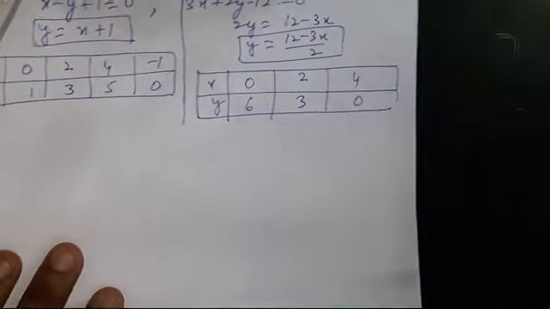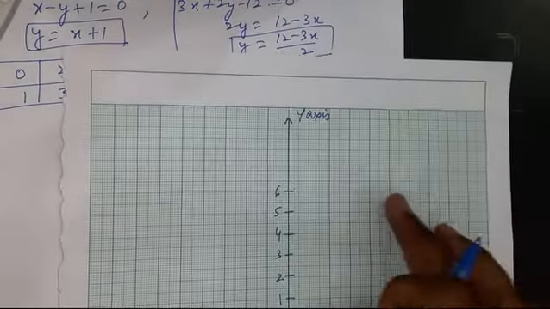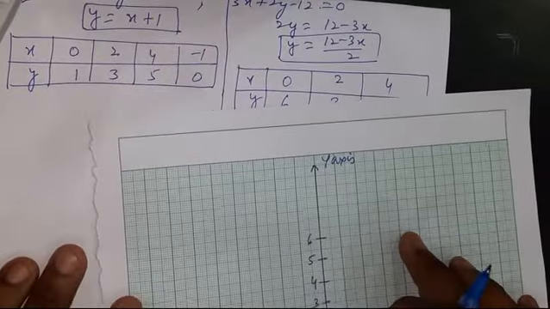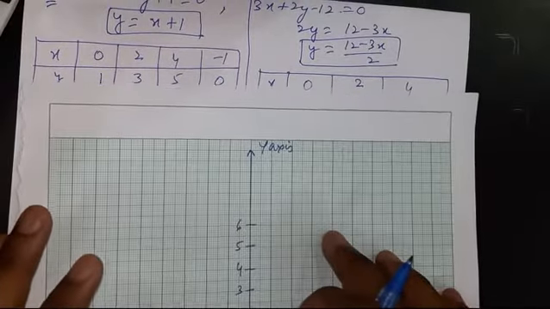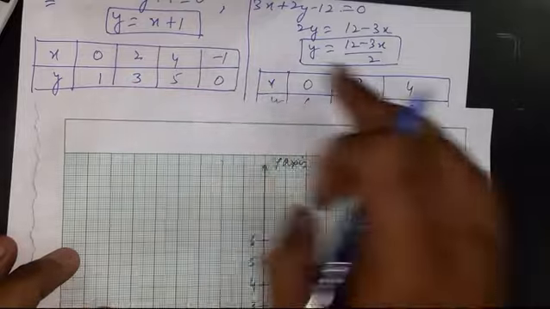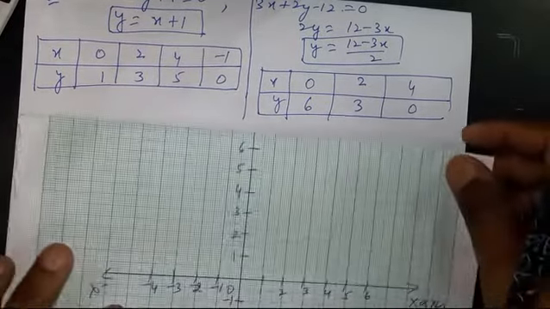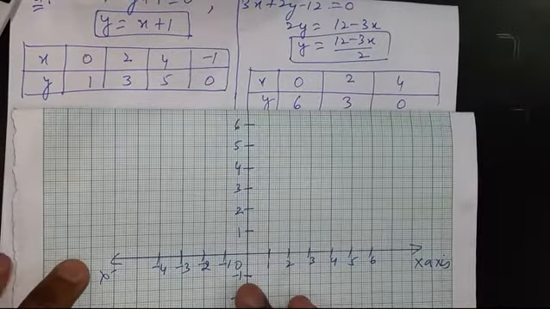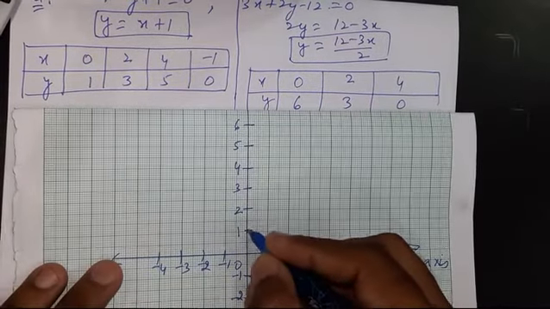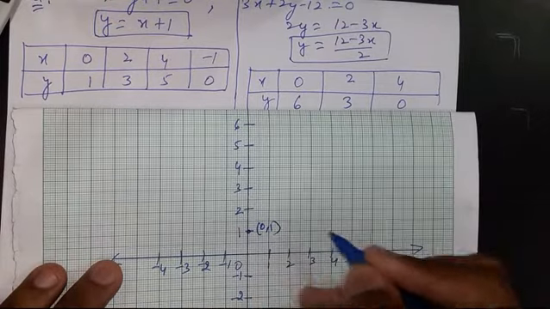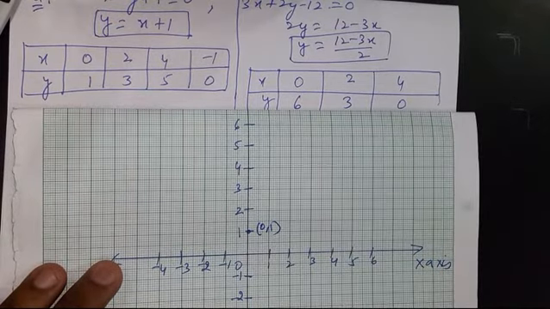Now you will put the points for that solution. Just see, the very first point for the first equation is 0 and 1. Just see, 0 and 1 is here. Similarly, 2 and 3 is there.